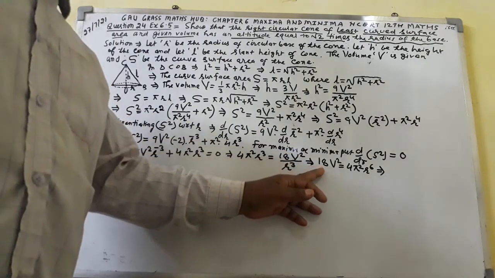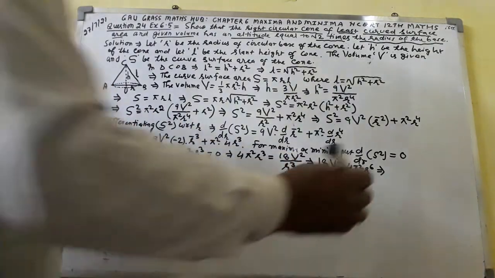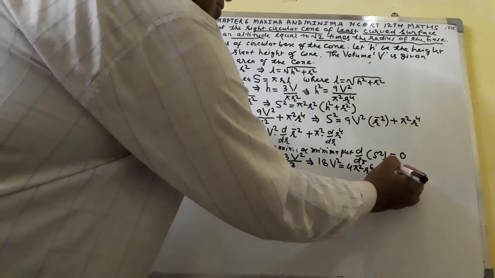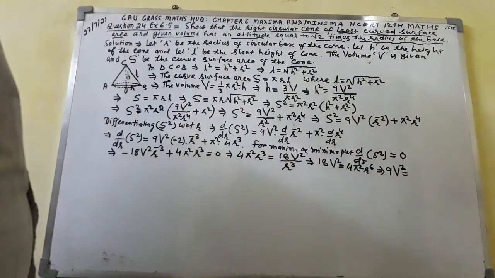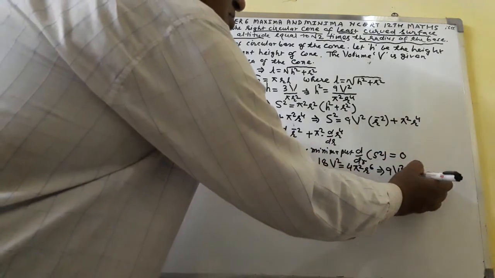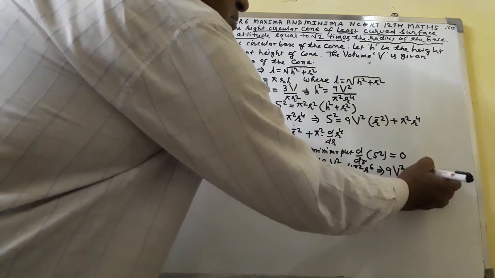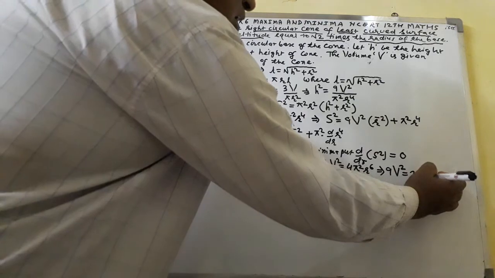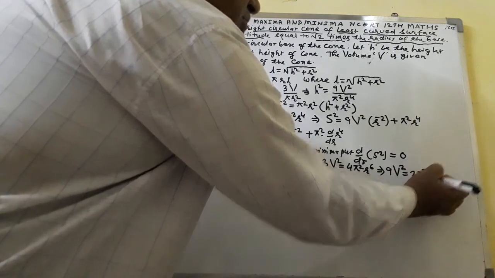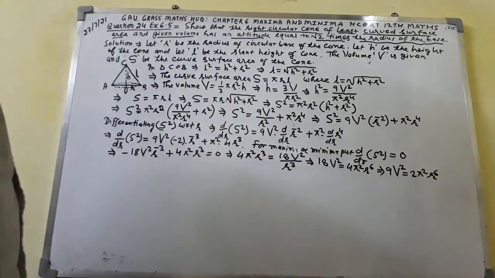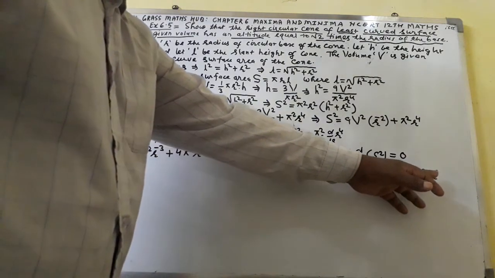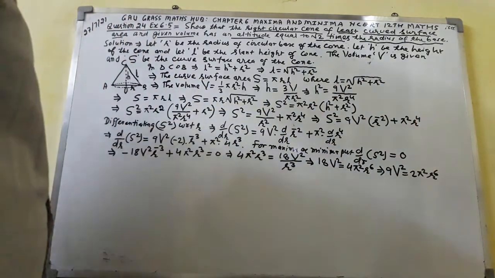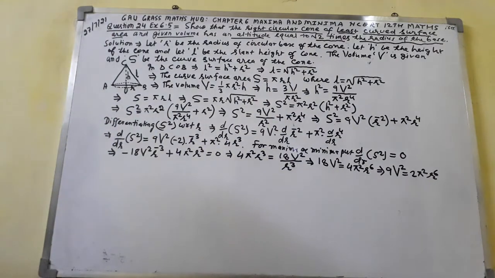Here 9 to the 18. So here you will get 9V square equal to 2 pi square R raised to the power 6. This term you have got.